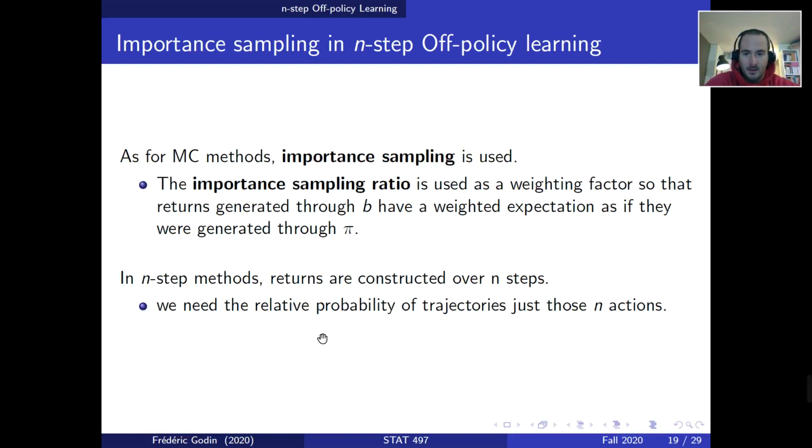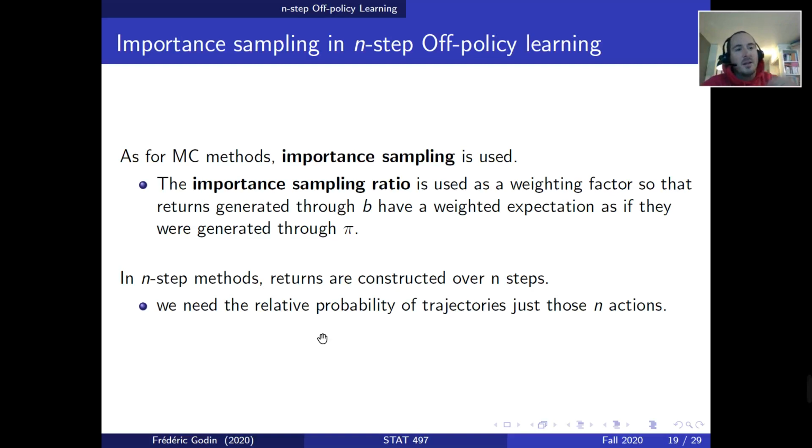The difference here is that the importance sampling ratio definition will be slightly different in the context of n-step methods. For Monte Carlo methods, if you recall, the importance sampling ratio was the relative probability of each action in the episode under pi divided by their respective probabilities under the behavior policy b.